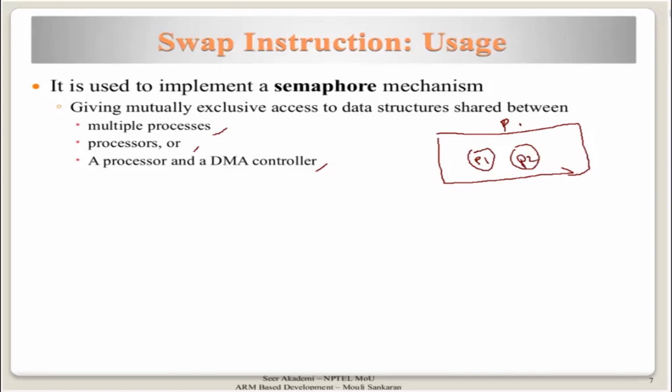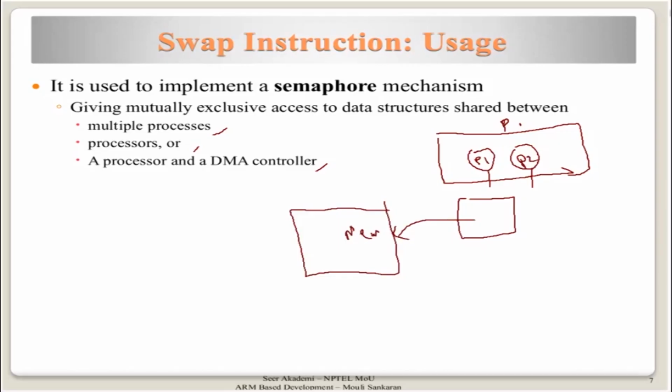Now if you have a basic OS understanding, any process can be swapped. What I mean by swapped is that the process running in this processor is swapped out to memory, all the contents of all the registers are copied, and then a new process is brought into the CPU.